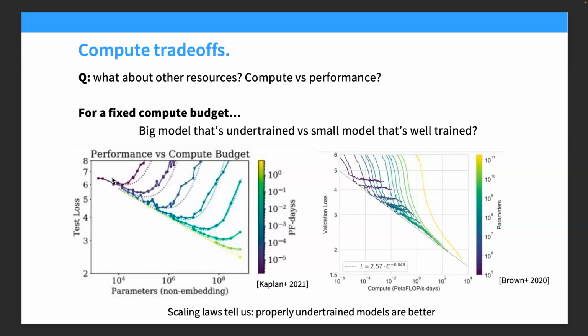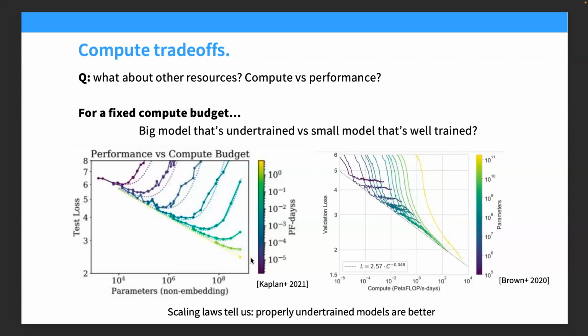But in terms of the slope, it will actually stay flat for a while. The test loss will stay there until you really overfit by a lot, and then it will go up, right? So you can see that as you have more computing power, for example the yellow curve, which has the most computing power, your test loss will improve as you increase your model size, right?